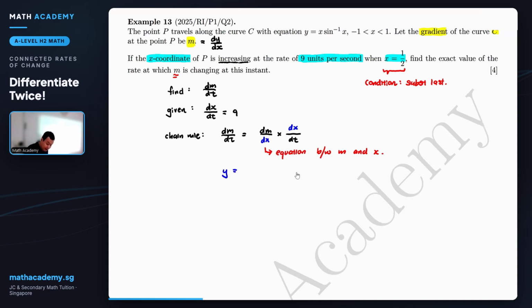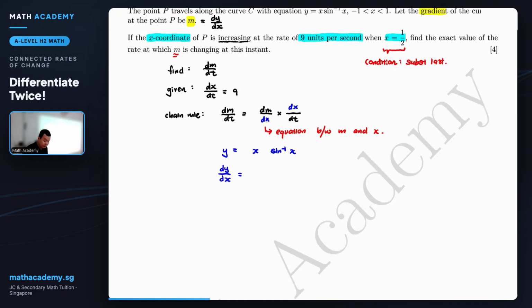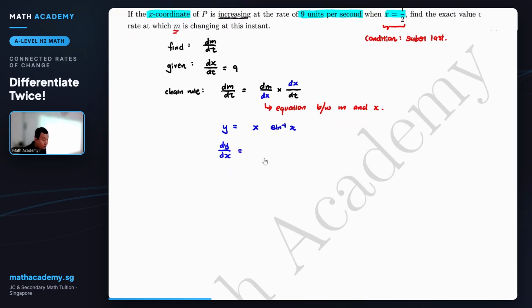My y is x sine inverse x. It's a product of two terms, so you have to be very careful when you try to apply product rule. Let's go for dy dx. Product rule, be very careful. I put in different colors for you to see. Let's keep x, we differentiate sine inverse. Sine inverse, if you have forgotten, let me just fill in here. It's the one with a square root.